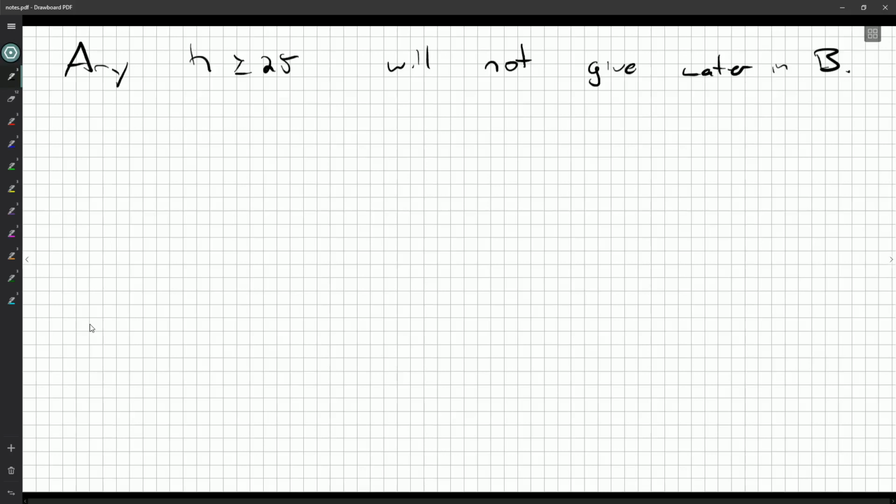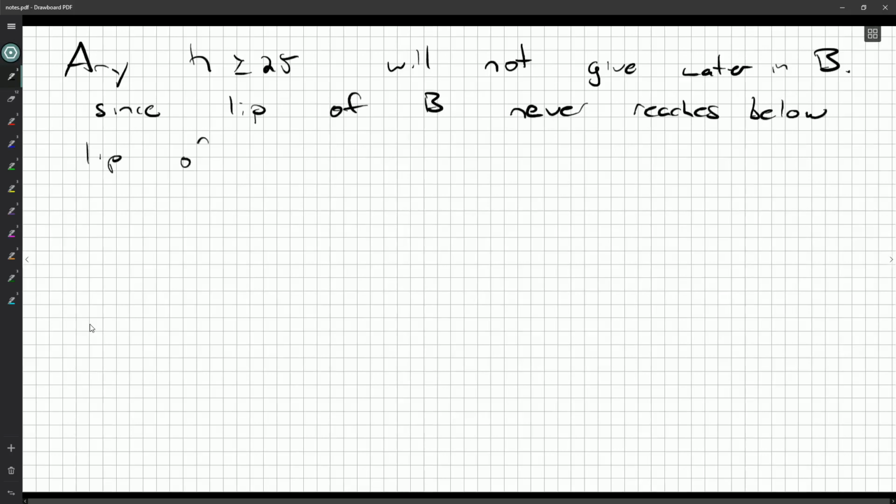So, since the lip or the top of B never reaches below the lip of A, and hence the water level. So let's say the maximum possible water level.